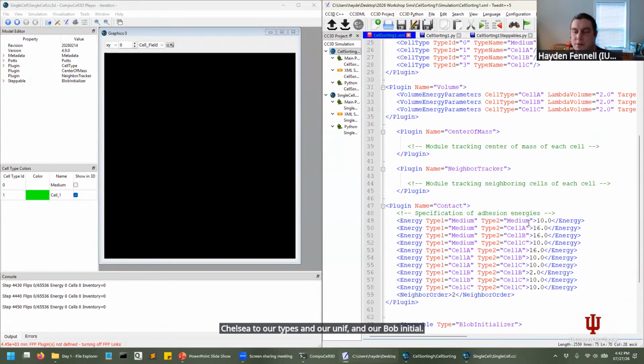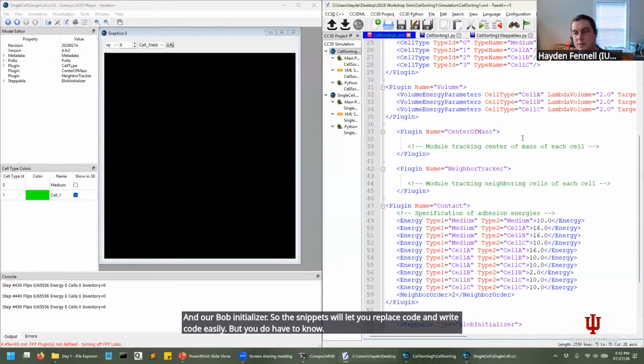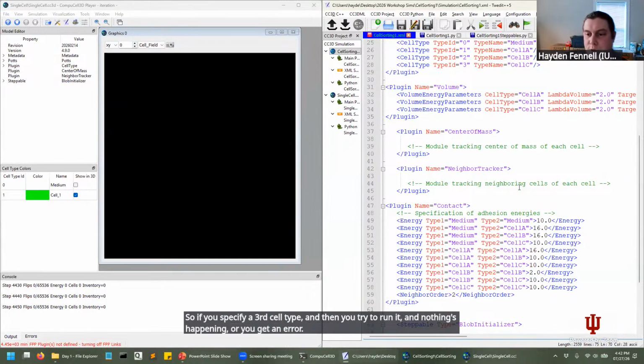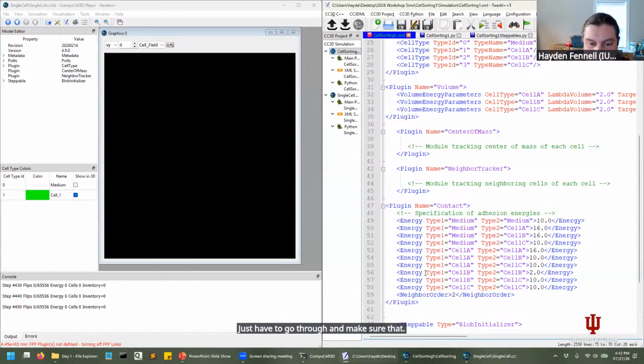So the snippets will let you replace code and write code easily, but you do have to know what all needs to be updated. So if you specify a third cell type and then you try to run it and nothing's happening or you get an error, just have to go through and make sure that everything that tracks the cell types is updated.